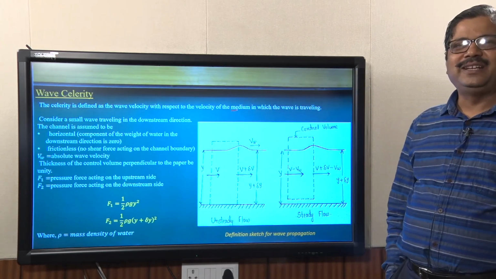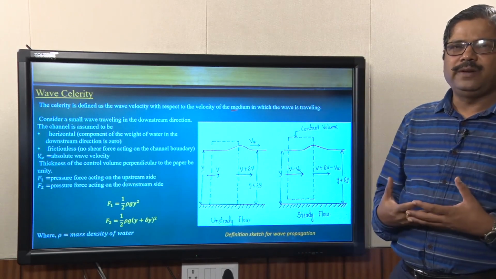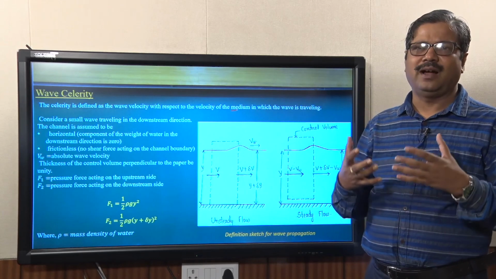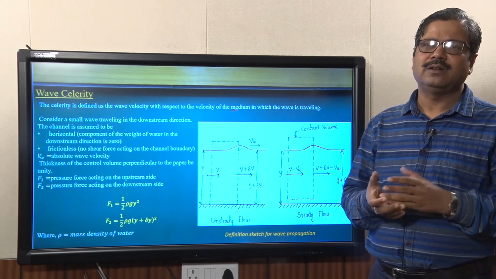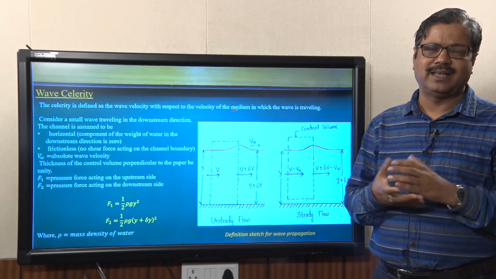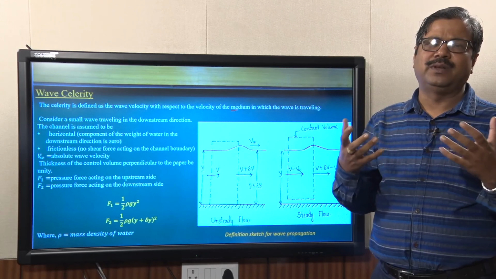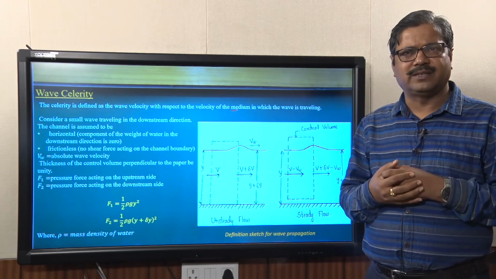Now let us discuss a very interesting concept. We know very basically that critical flow occurs when the gravity force is equal to the inertia force. But how can you know whether there is subcritical or supercritical flow in a river system?